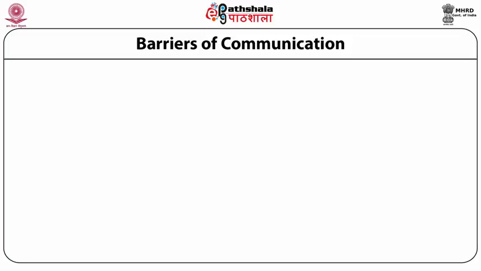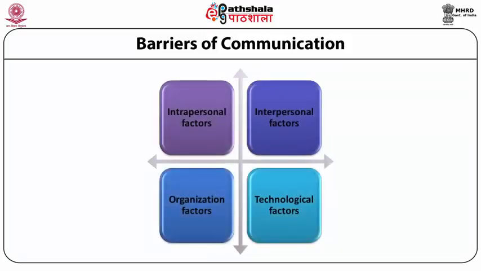The barriers to communication can be divided into four parts, that is, barriers relating to intrapersonal factors, barriers relating to interpersonal factors, barriers which could be due to the organization factors, and the barriers which could be there because of the technological factors.